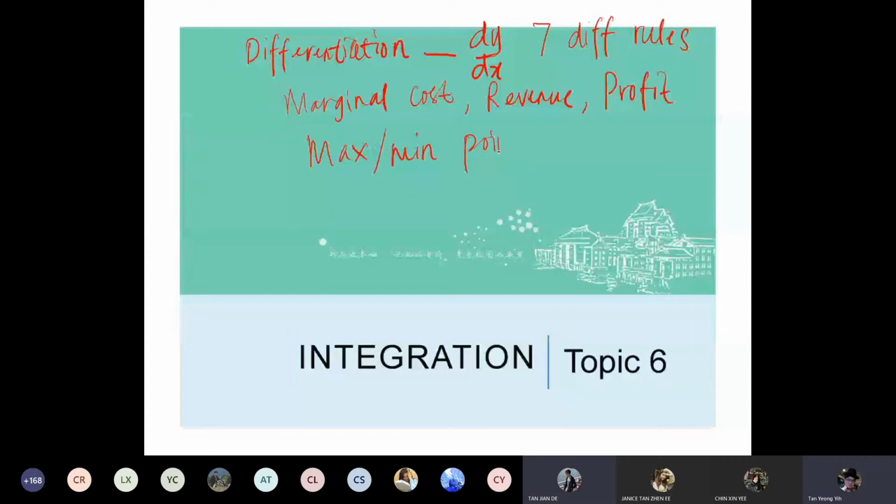Okay, so for maximum and minimum points, we actually learn 2 methods. What are the methods? Start with the first. First derivative test, right?